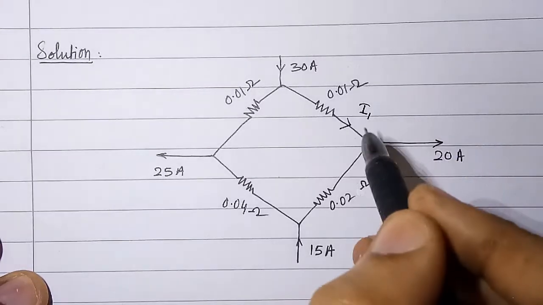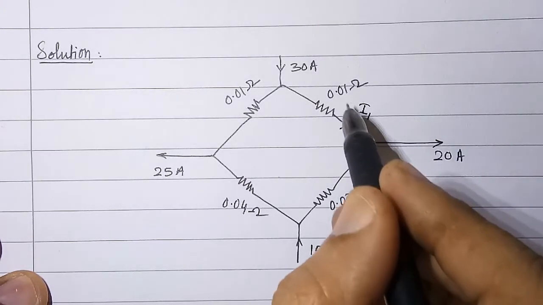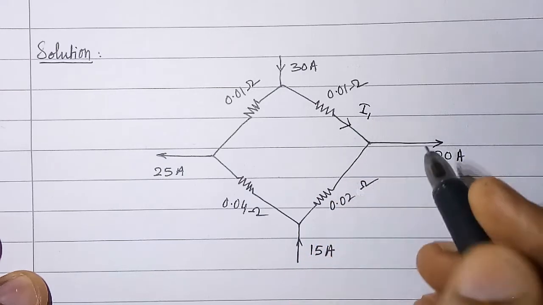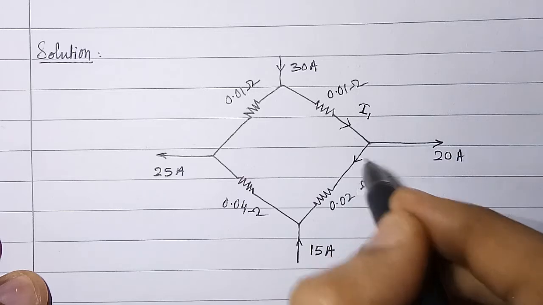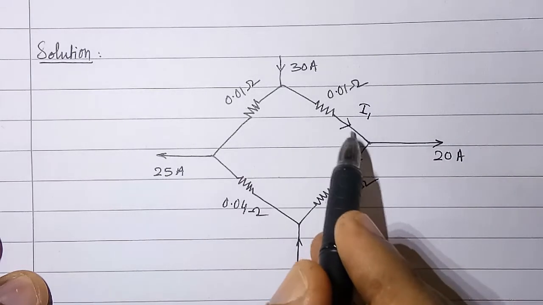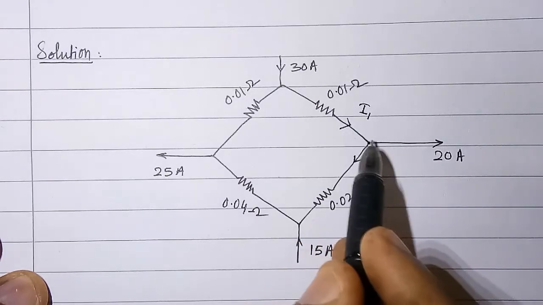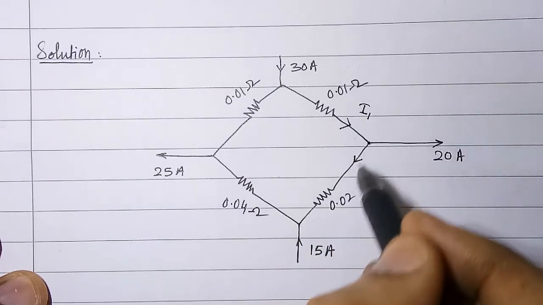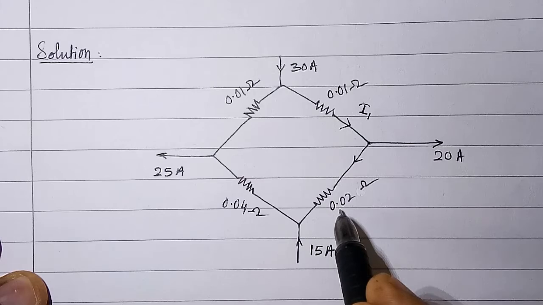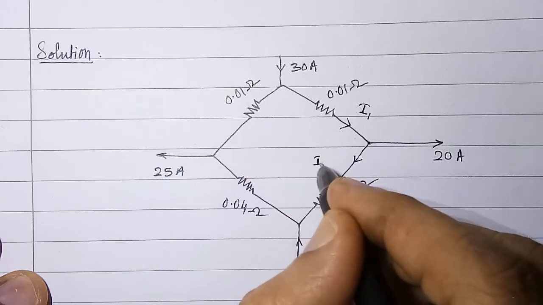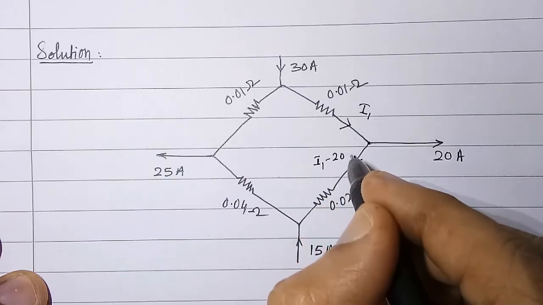If I take the current through the resistance of 0.01 ohm as I1, then the current here will be I1 minus 20 ampere. Applying KCL here, it is incoming current, it is outgoing current. So the remaining current will be flowing through this 0.02 ohm resistance. So here we get I1 minus 20 ampere.